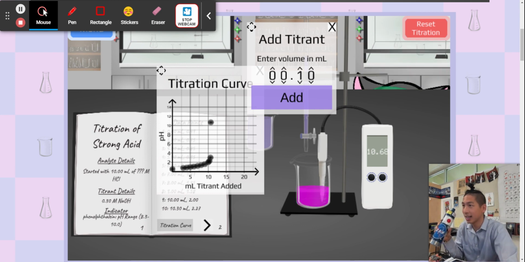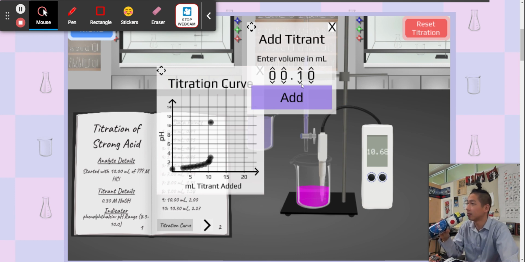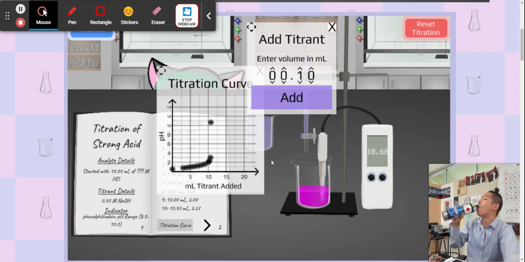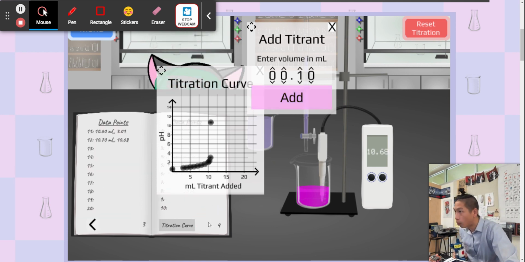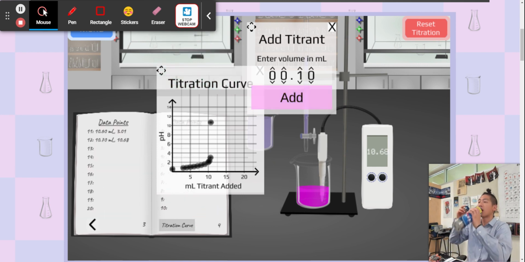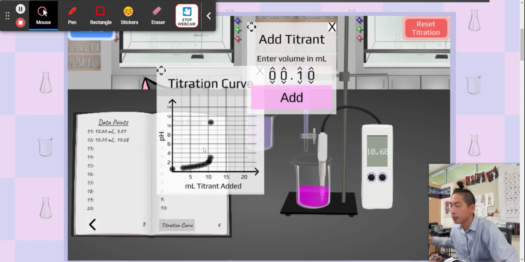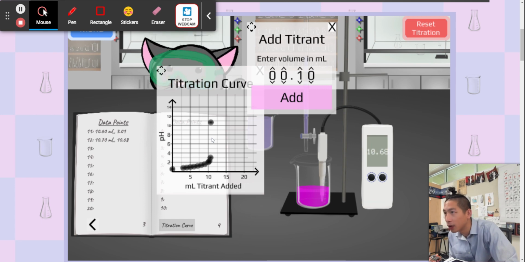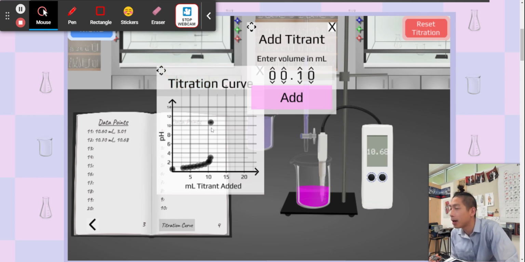Oh, looks like that was enough to turn my solution pink. So it seems that I reached past my equivalence point.